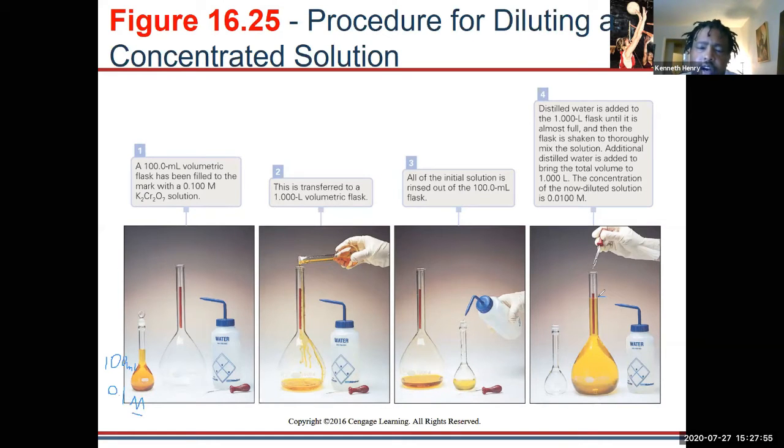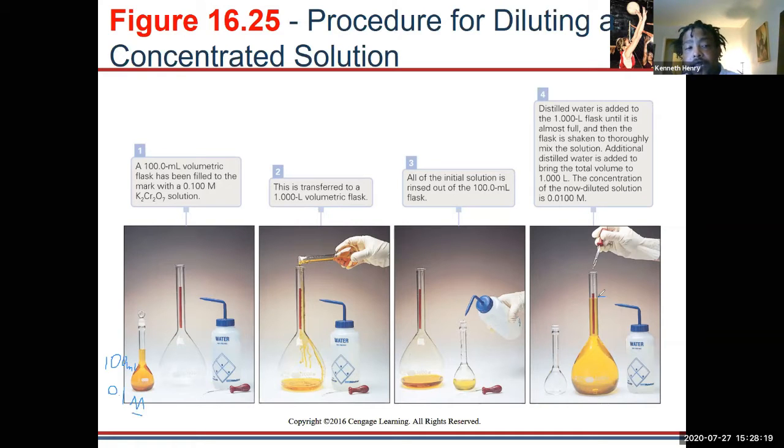The thing about a volumetric flask, and you guys have one in your kit if I remember correctly, is that you have this nice line that tells you the exact mark you need to come up to. If you go over that line, you over-diluted your solution.